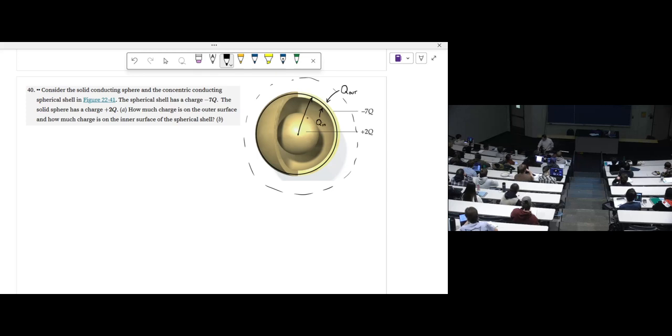We said that Gauss's law states that the flux is equal to the Q enclosed divided by epsilon naught, right? What is the electric flux through that black circle that I have drawn here?